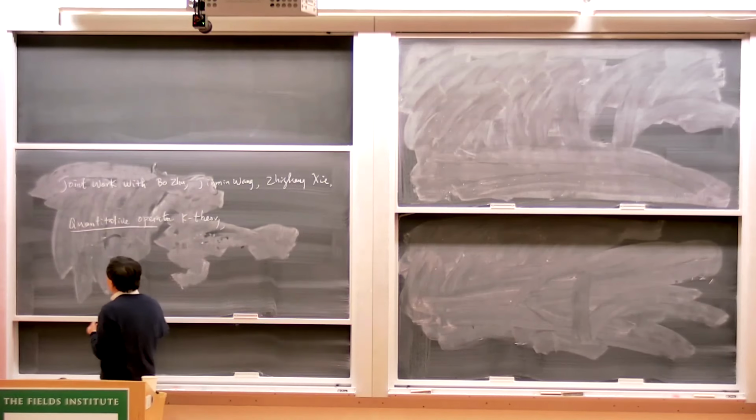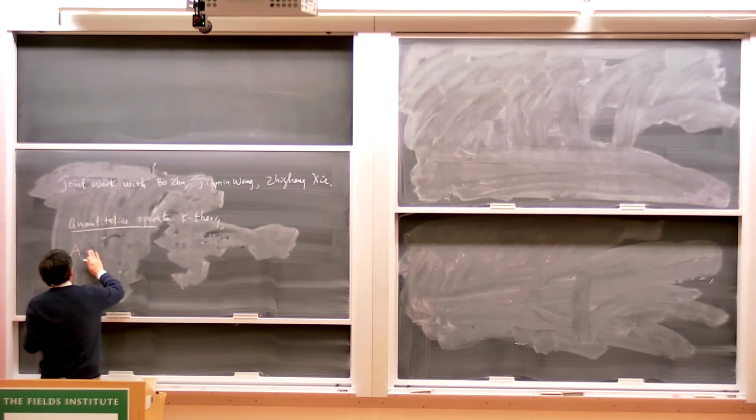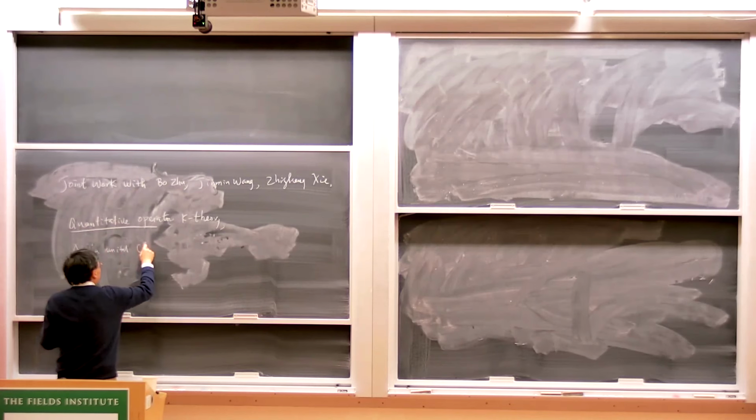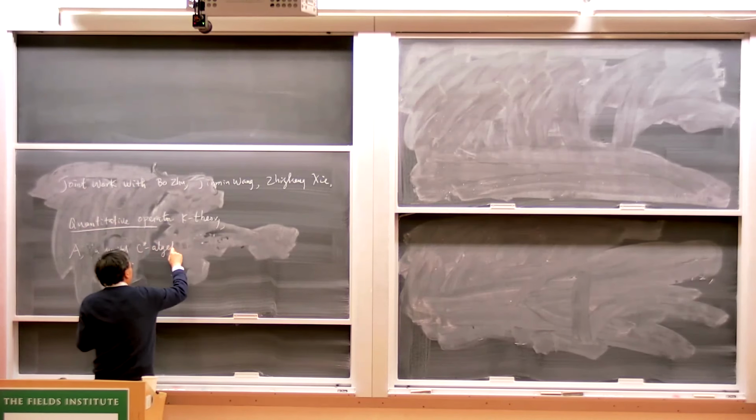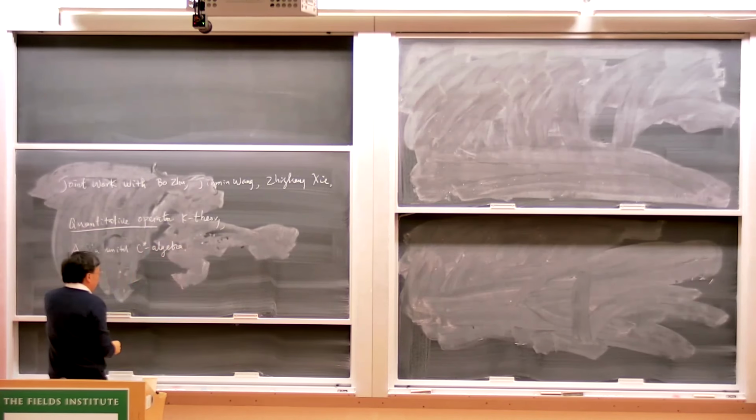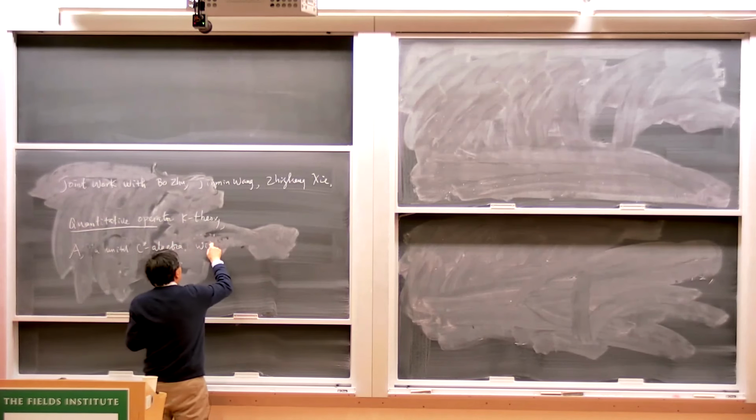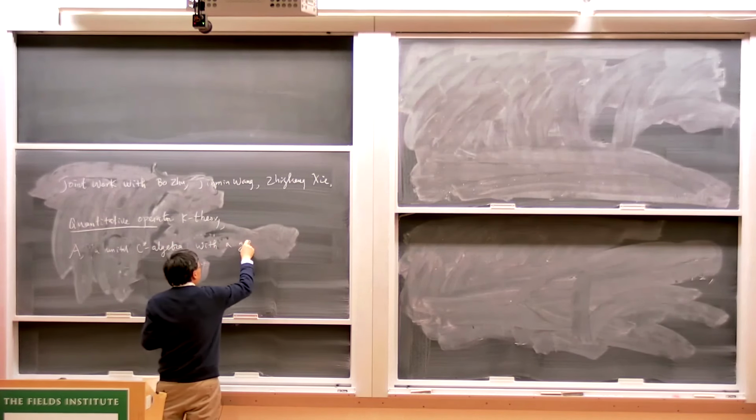Okay, so let me see. I start with, just for convenience, a unital operator algebra. If it does not have a unit, we can add one. But with a so-called geometrical structure.